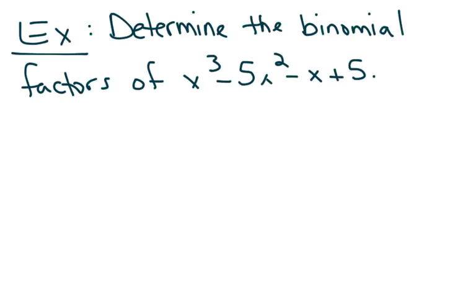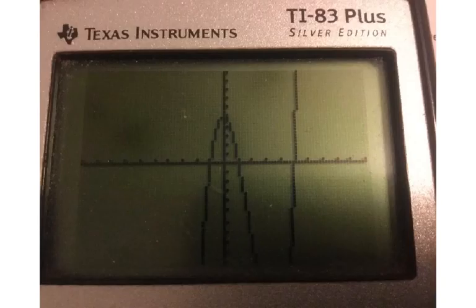If you want to determine the binomial factors of a polynomial, you can use synthetic division to test some values out. But the easiest way is really to just graph it in your calculator and then find the zeros. So if we graph x cubed minus 5x squared minus x plus 5, we get this graph.